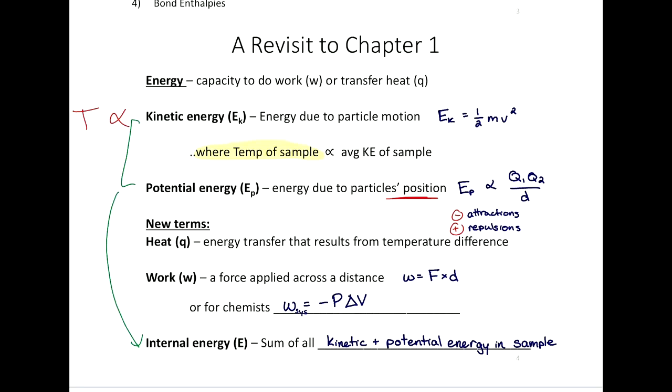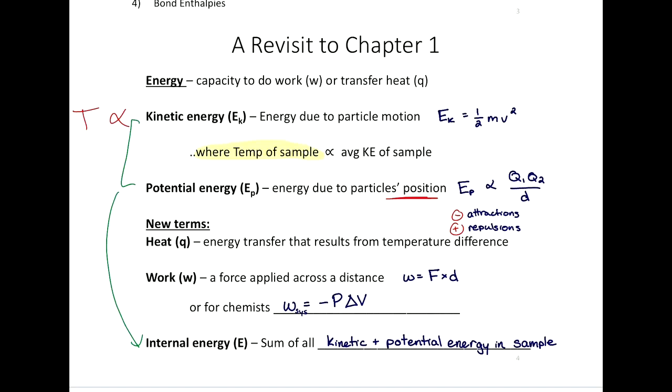So right now we are in Chapter 5, Thermochemistry, where we are talking about energy involved in chemical reactions. We talked about energy in Chapter 1 previously, but just generically, talking about kinetic versus potential energy and how chemists think about them.